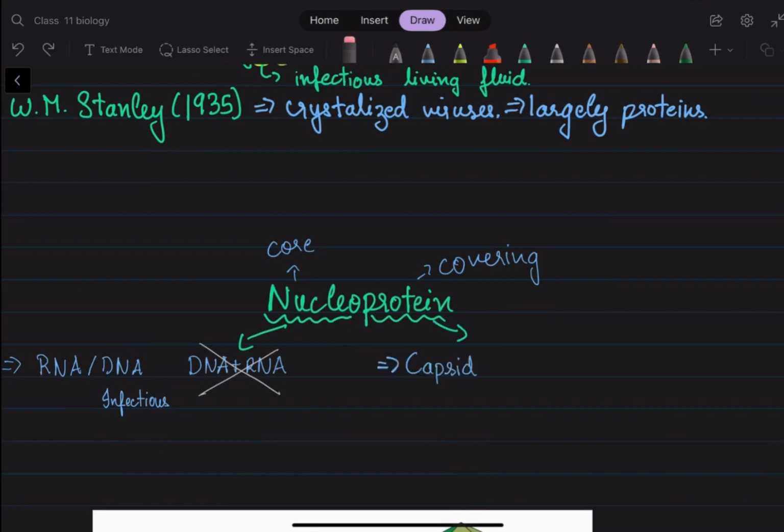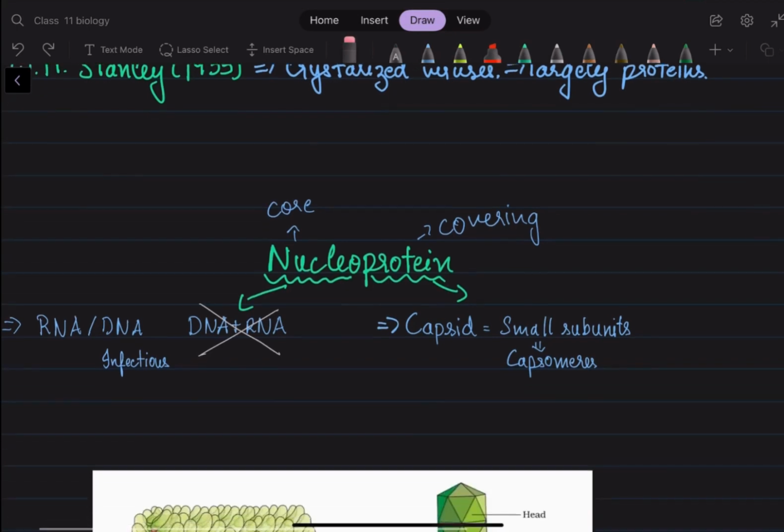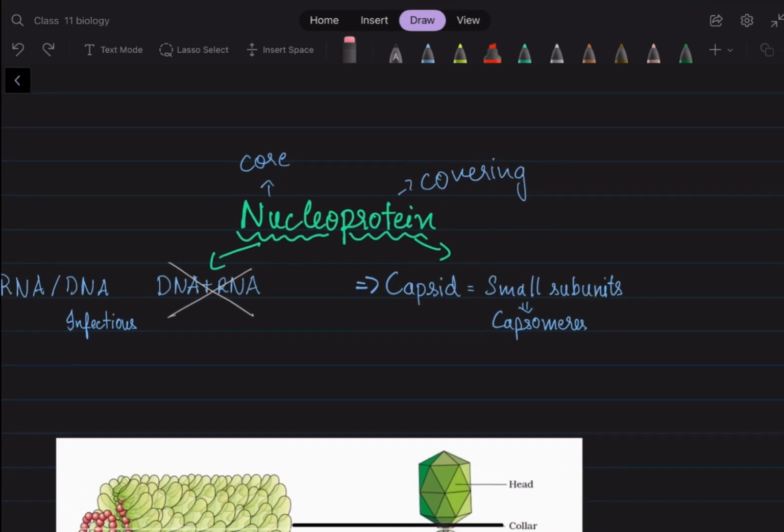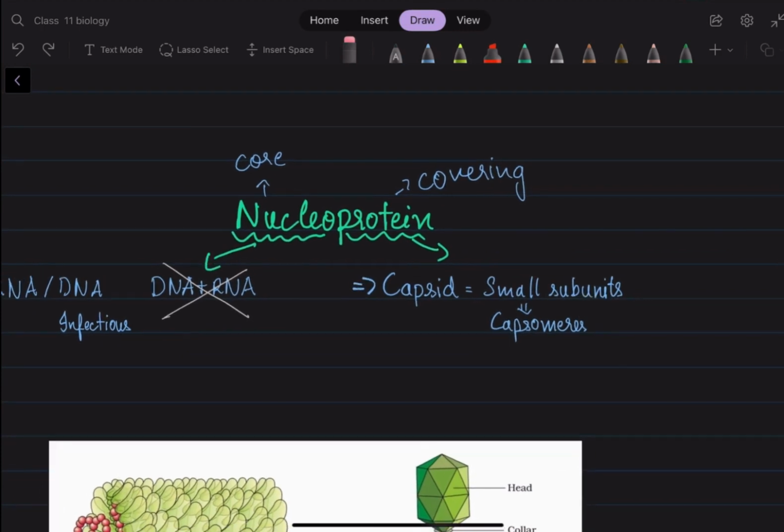This capsid contains small subunits that can be arranged in various geometric forms like cylindrical, helical, or polyhedral forms. These small subunits are called capsomeres. Capsomeres are small proteinaceous units that form the capsid, which is the covering of the virus.